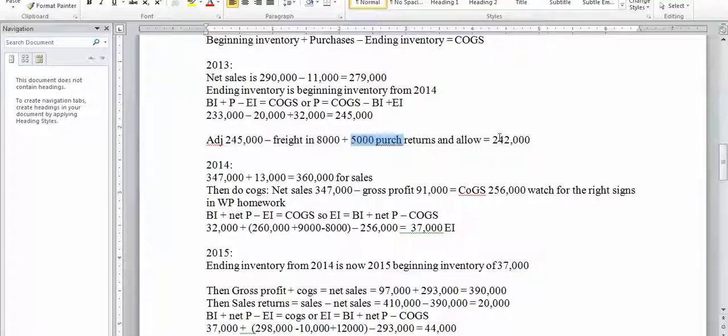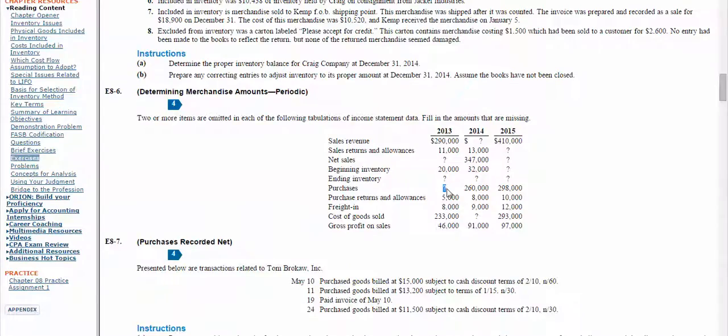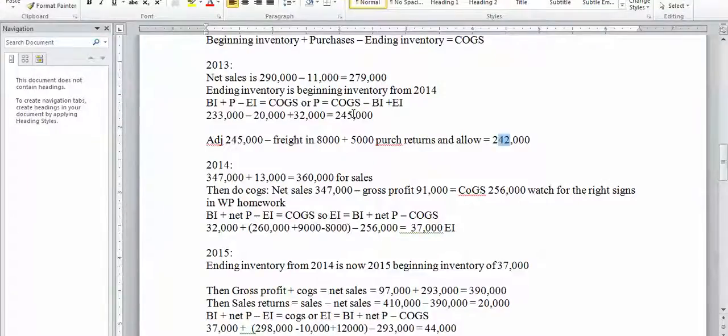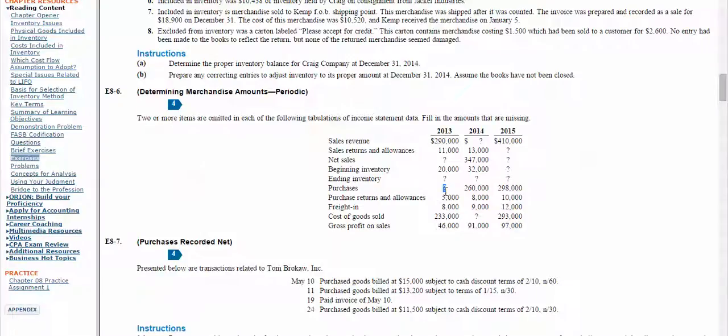So the beginning number has to be 242. If it was 242 and you subtract this and add that, you would get 245, which we know it needs to be. So the number we put here is 242, because that will work for us.